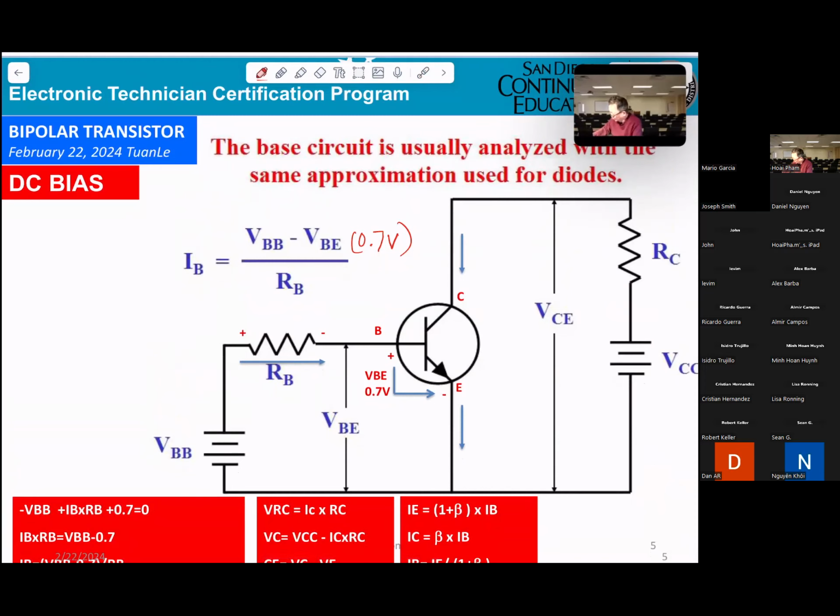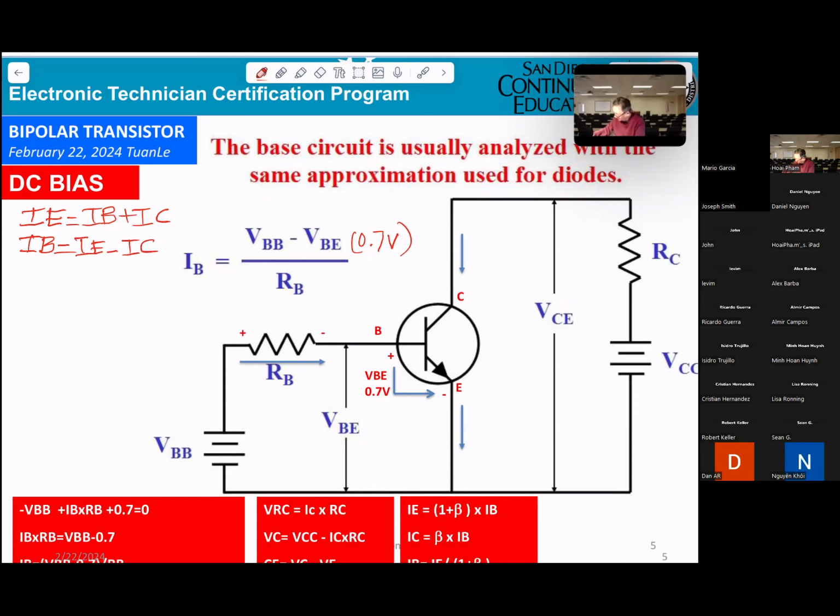First thing you know, IE equals IB plus IC, correct? And if you want to calculate IB, IE minus IC.